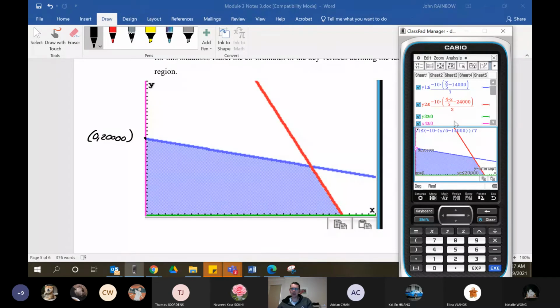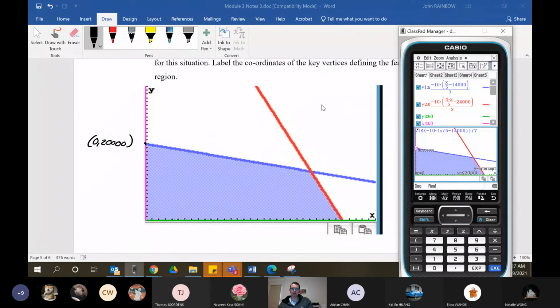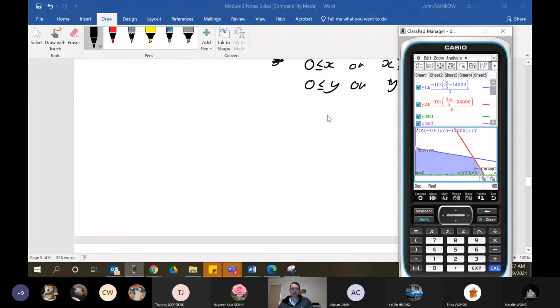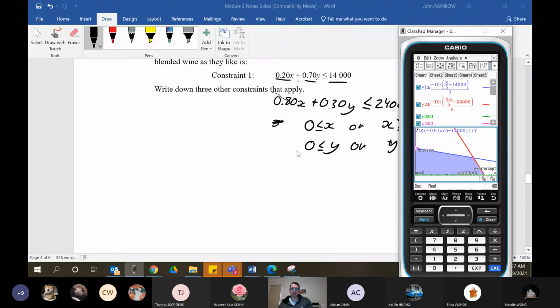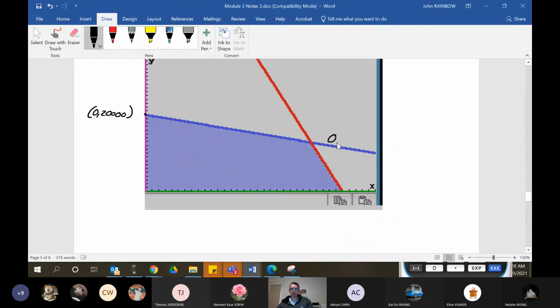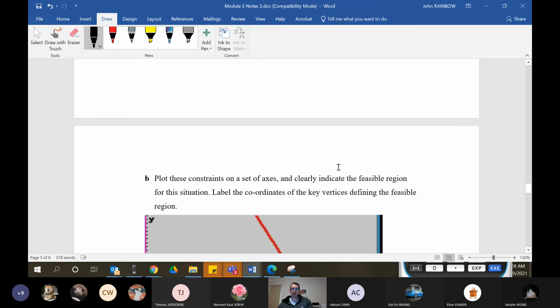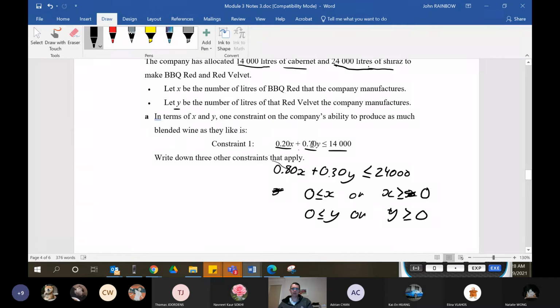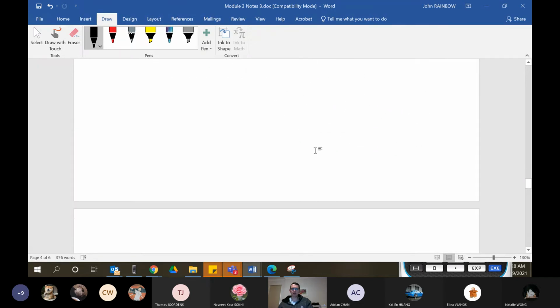This is the blue one, which came from my first equation, if you recall, which was 0.2x plus 0.7y needs to be less than or equal to, I think it was 14,000 by memory. Just double check that. Yep. And the other one's going to be 0.8 plus 0.3.